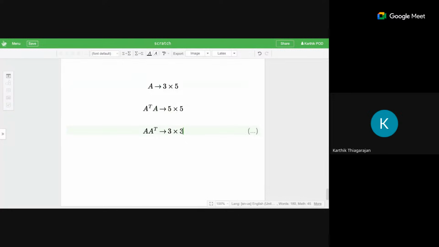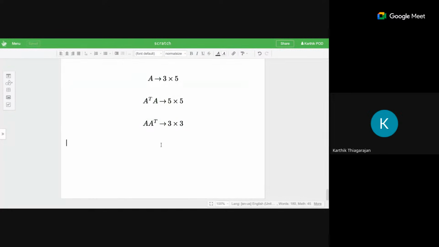If A transpose A has the eigenvalues, I'm just randomly making things up, let's say 3, 2, 1, 0, 0, what can you say about the eigenvalues of A A transpose? 3, 2, 1. Because of the result that we just saw.